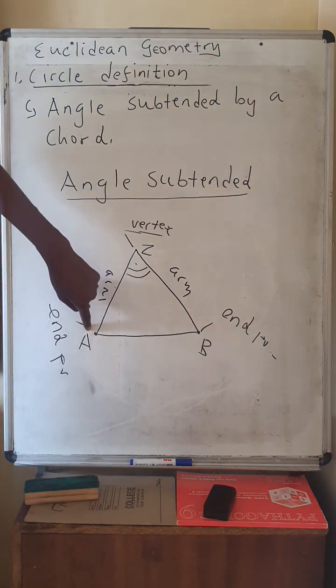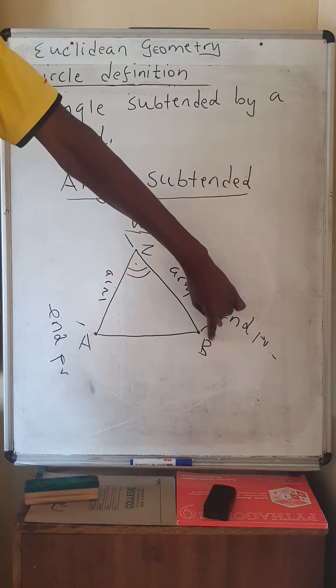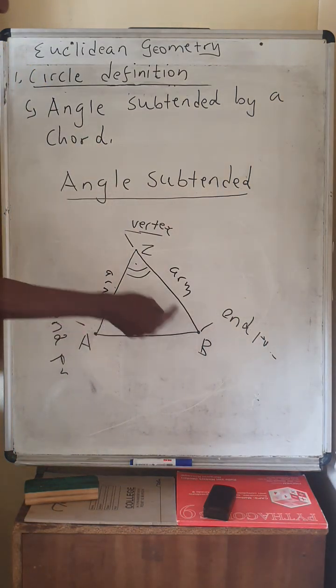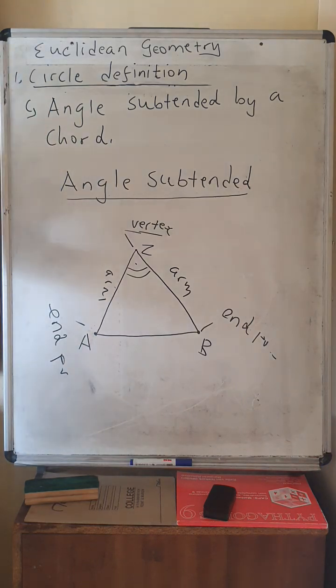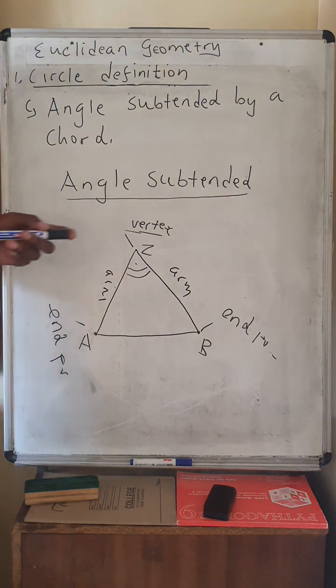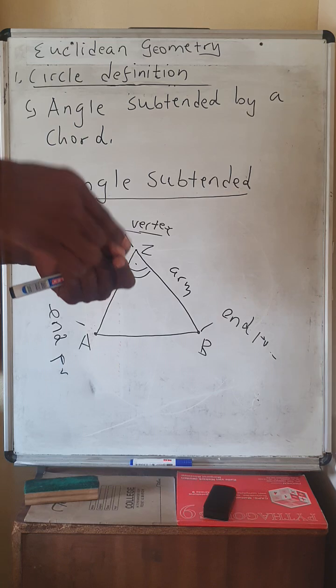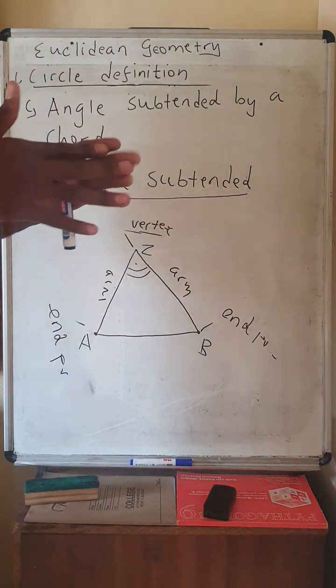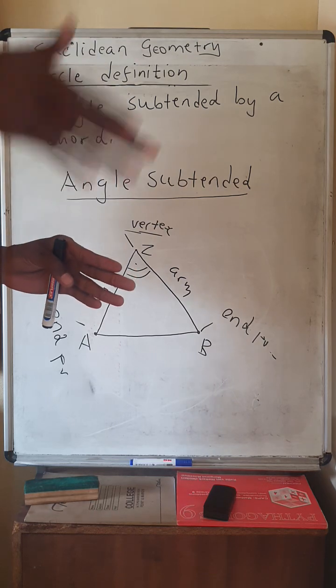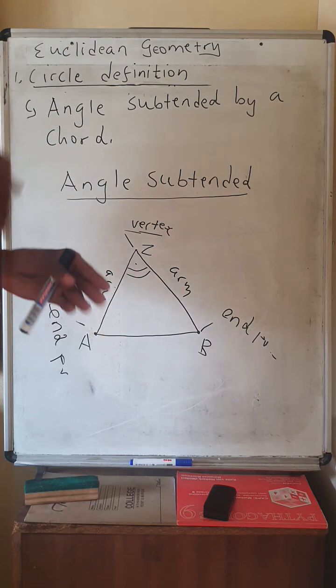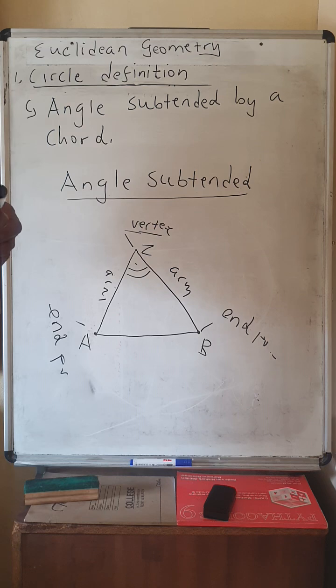It touches A. And the other arm touches B. Therefore we say AB subtends angle Z. AB encloses angle Z. So that is how a line segment can enclose an angle. The arms of that particular angle must touch the end points of that particular line segment.